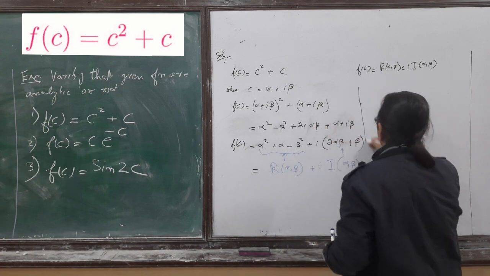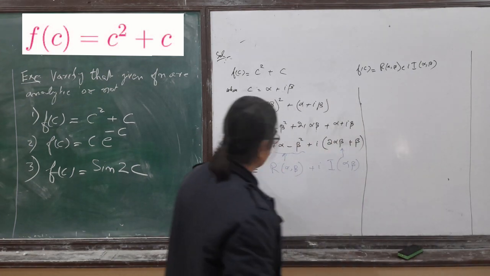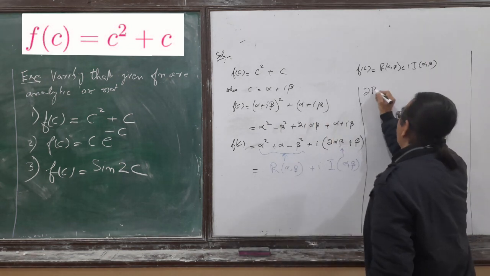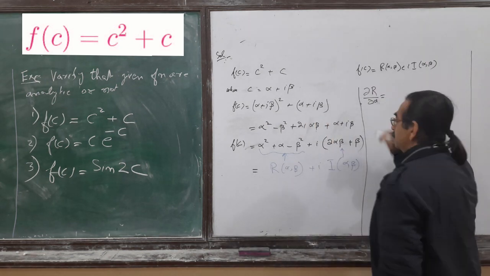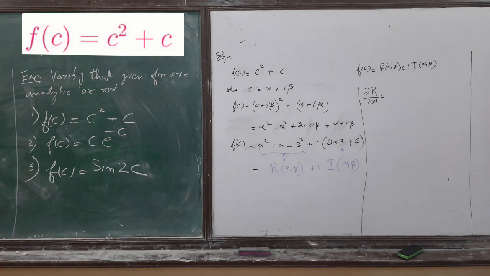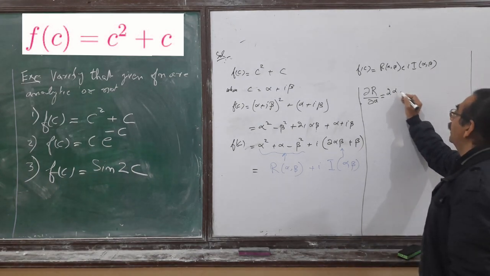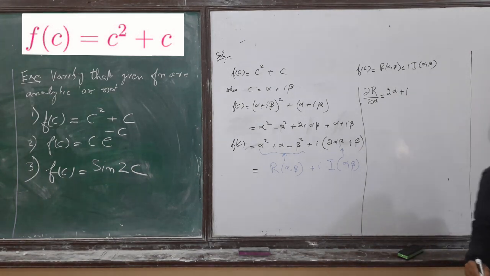So what you will get if you differentiate partial R over partial alpha, the partial derivative, beta will be treated as constant. Okay, so this will be 2 alpha plus 1.